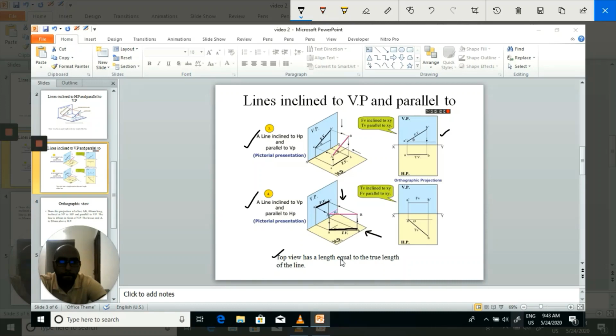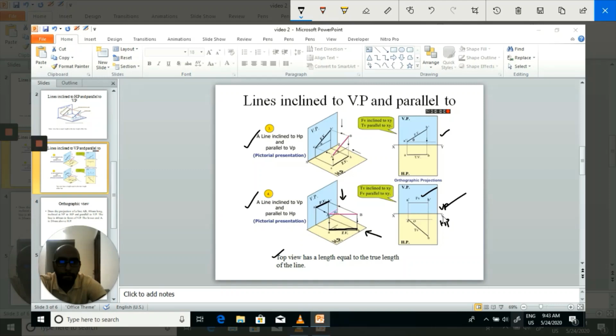So this is your orthographic view. You have the XY reference line, then the vertical plane above the reference line and the horizontal plane below it. Since the front view gives a straight line, you can see here A dash B dash is the front view, parallel to the XY reference line.